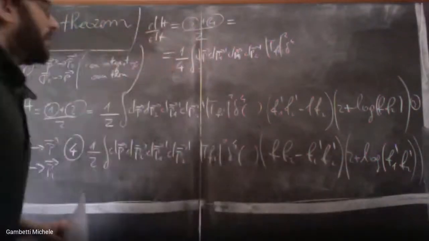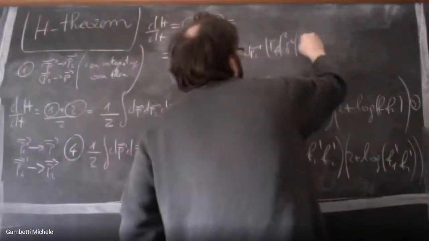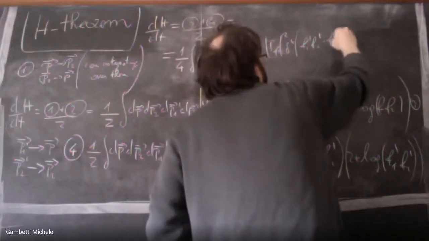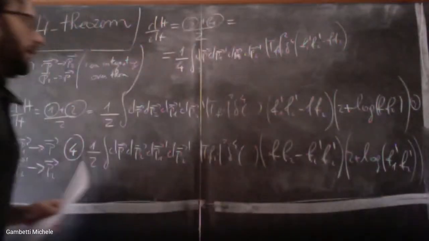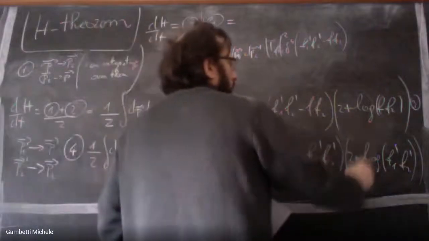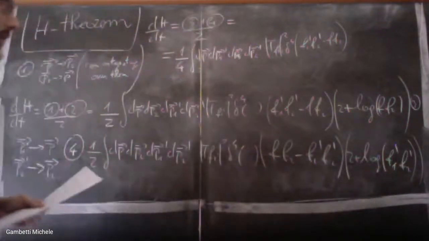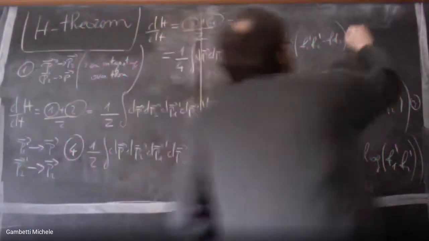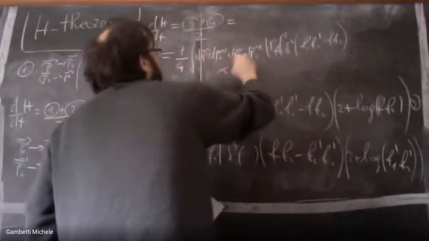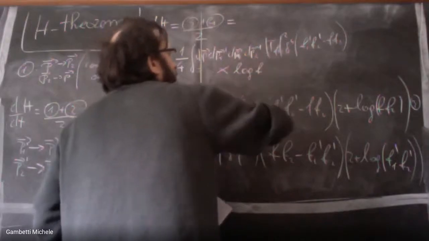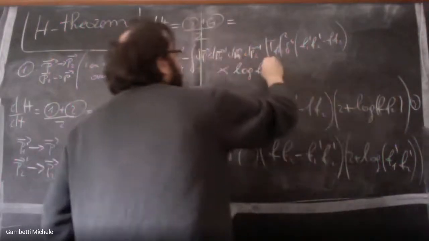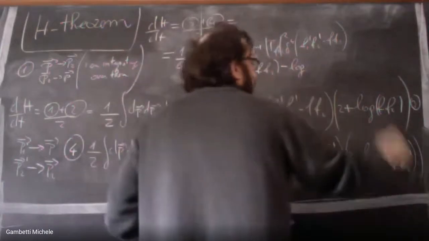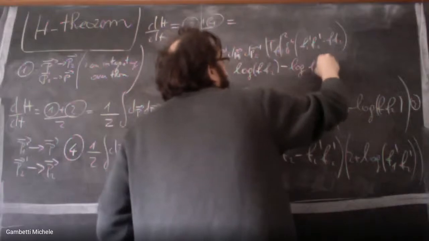And therefore, I can actually write f1 prime f2 prime minus f2. The 2 drops, and then I have the logarithm of f f2 minus the logarithm, so this times the logarithm of f2 minus the logarithm of f1 prime f2 prime.